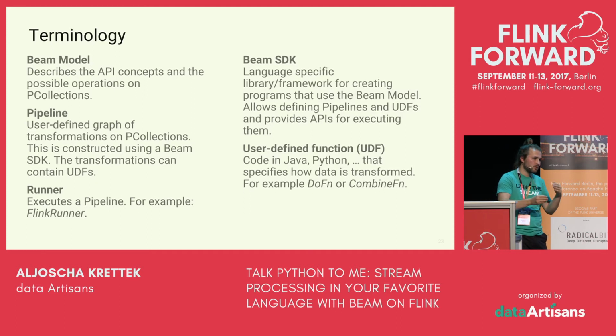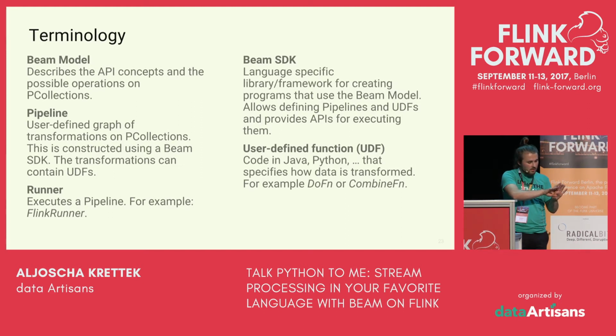It's a combine and reduce combined into one. So these are the only two basic user functions that you can have in Beam. And last bit, a runner is the bridge between the SDK, or a pipeline written by the user, and the underlying execution engine. So the Flink runner can take a pipeline and execute it on Flink.